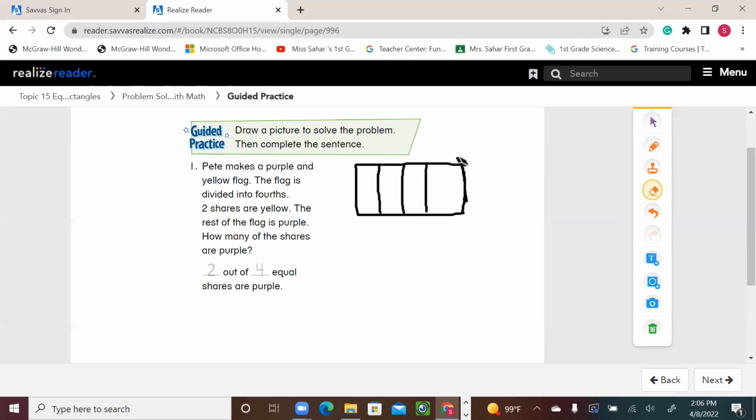This is a little big. Awesome. Which color are we using? Yellow and purple. So I'm gonna go for my yellow and I'm gonna color 2 shares yellow. So these are my yellow. 1. And I'm gonna color this one yellow. I know you can do a better job than me and color all the way and have fun. Second, 2 shares are purple.